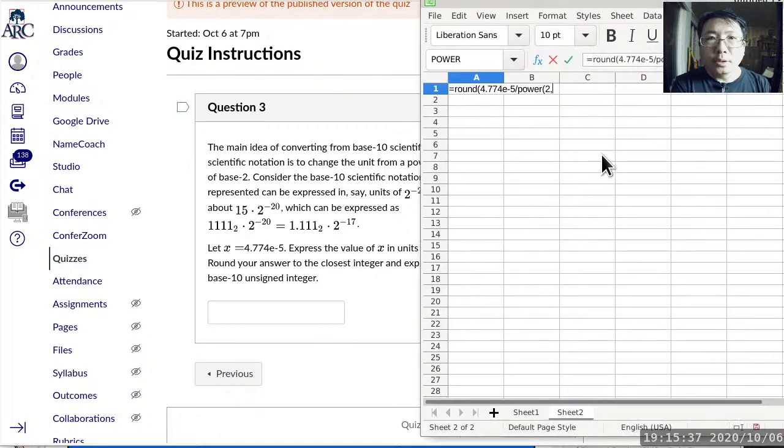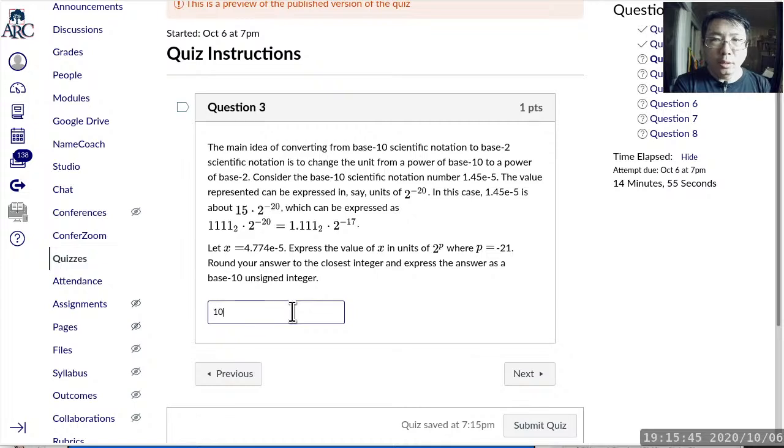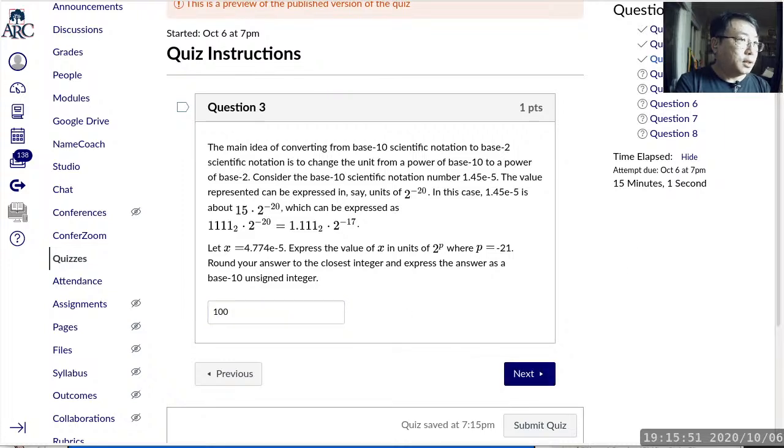Yep. So negative 21 is the power of 2, close paren, press the enter key, and the answer turns out to be 100 over here. All right, so I'm looking at the text area of today's class, and I don't see any questions. All right, so let's move on.